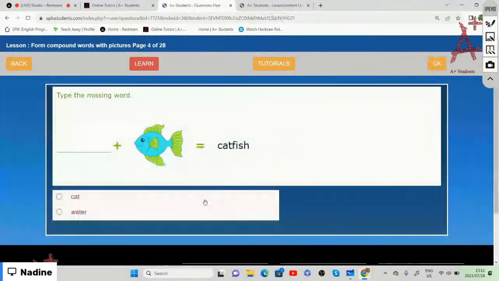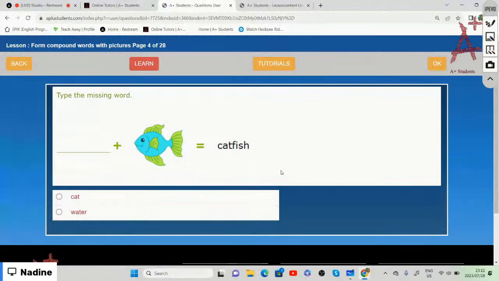All right. If we go to the next word, we have blank plus fish, and it equals catfish. So catfish is the compound word. We have one word already, or one picture, which is fish.